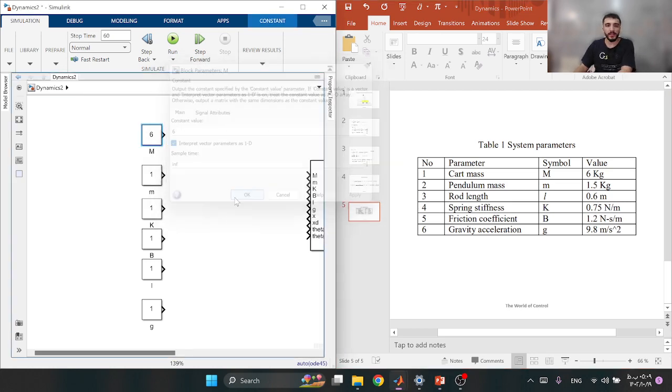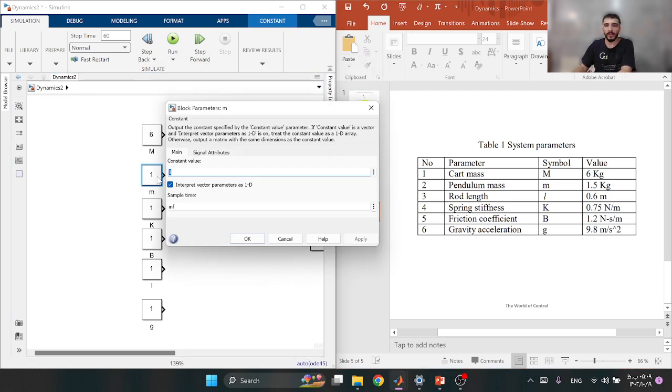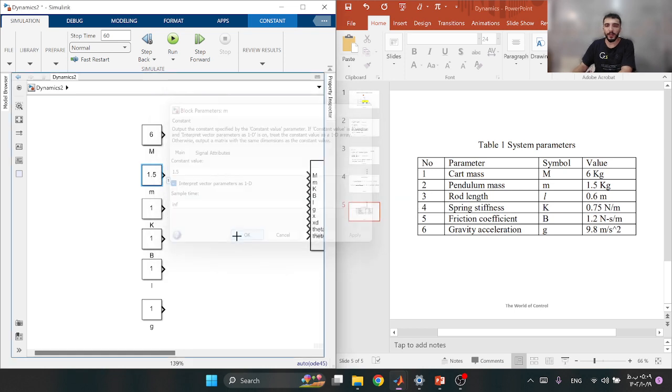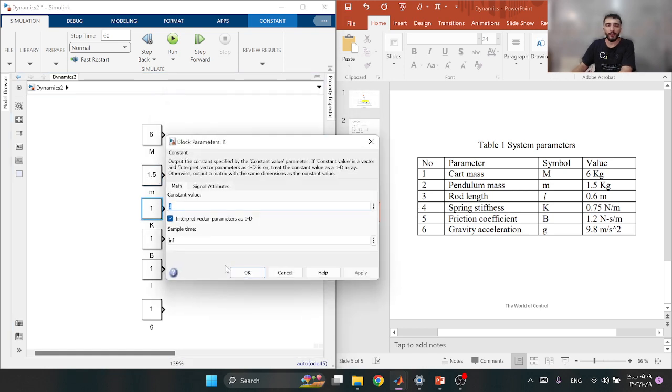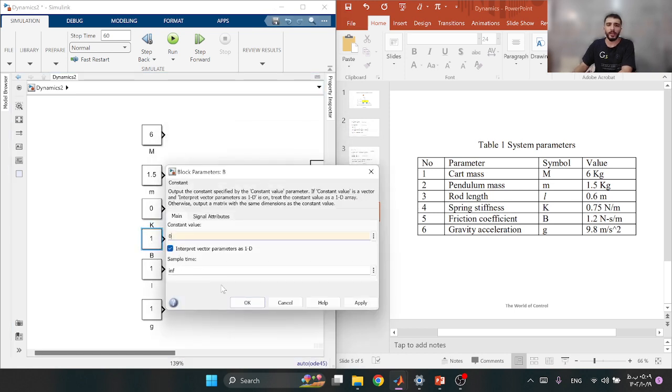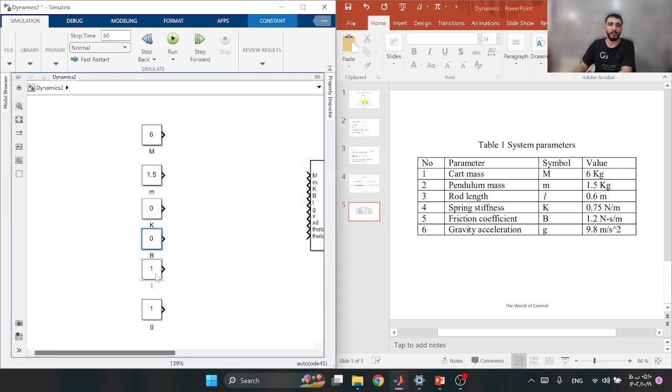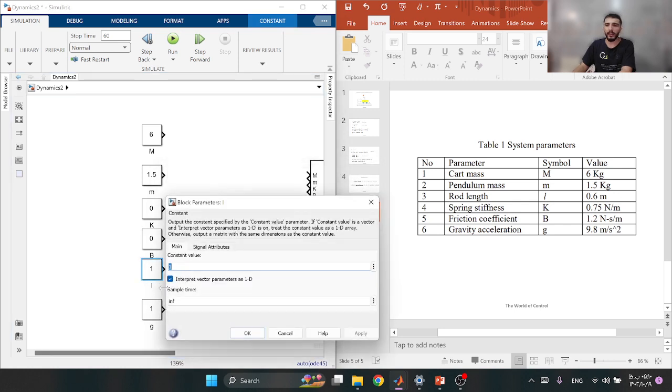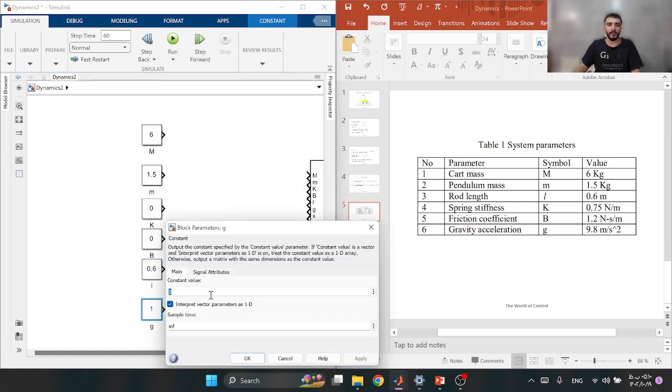M is 6 kilograms, the mass of the pendulum is 1.5 kilograms. K, for now I will write 0, but we will change it later. B is 0, and L, the length of the pendulum, is 0.6, and G is 9.81.